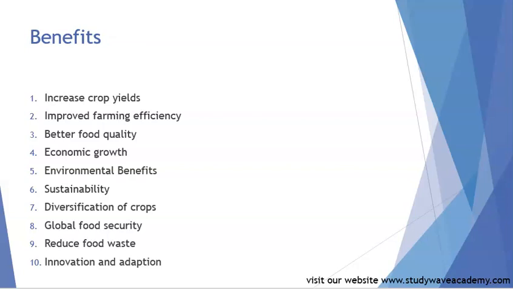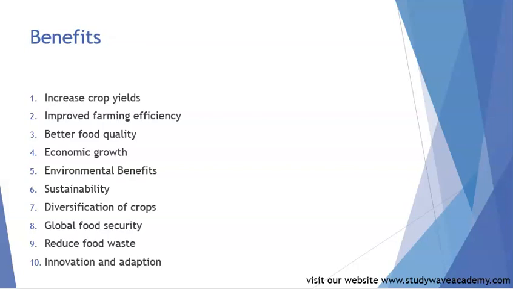Technology allows farmers to adapt to changing conditions such as climate change. By using predictive data, it encourages continuous innovation to address emerging challenges in agriculture.